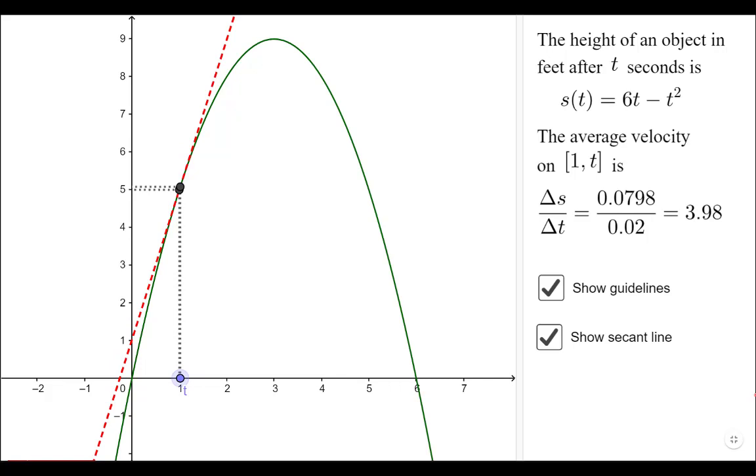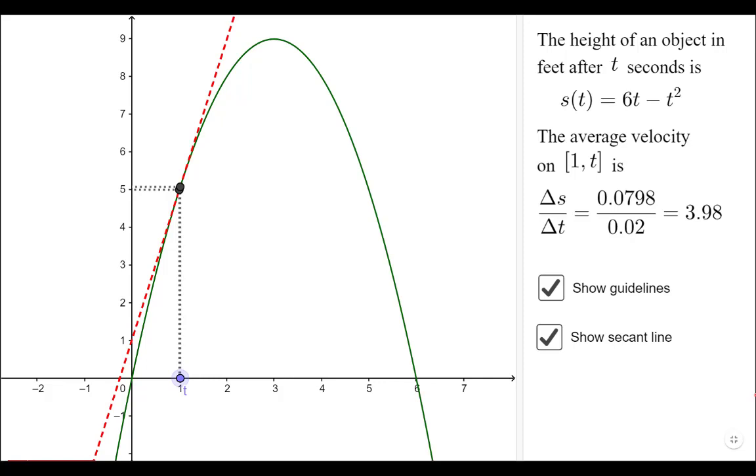So the goal of finding an instantaneous rate of change is really the same goal as figuring out the slope of a tangent line. One is a real-world problem, finding an instantaneous velocity, and one is more of a mathematical problem, finding the slope of a tangent line. But really, they address the same problem, and they relate to each other back and forth.